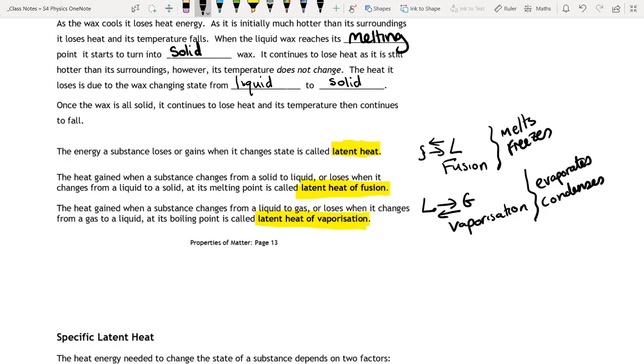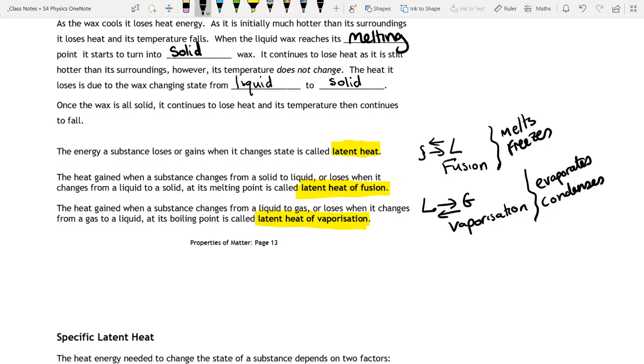So the tricky part here is when we do questions involving this, you have to pick out the correct number. These two things are different numbers. So it might be you're looking at water evaporating, so you have to look at the latent heat of vaporization. But it might be that you're looking at water freezing, and then you have to use the latent heat of fusion.